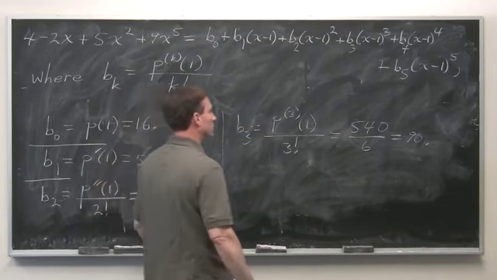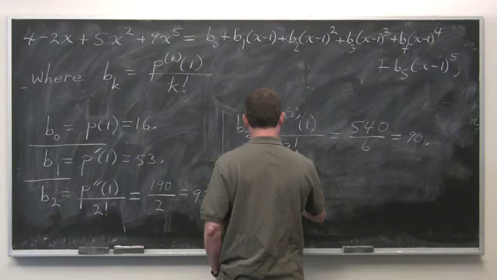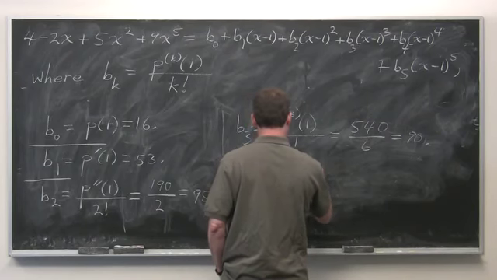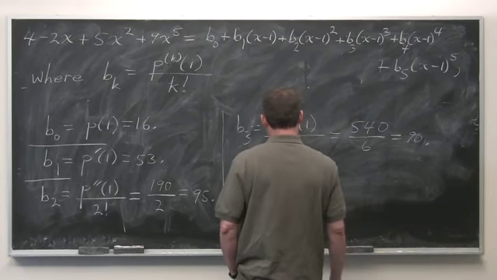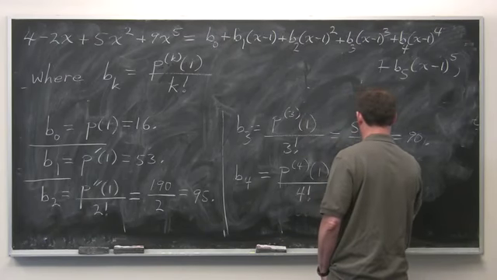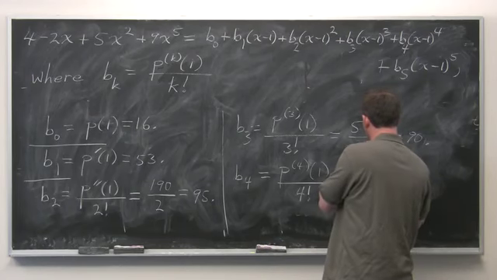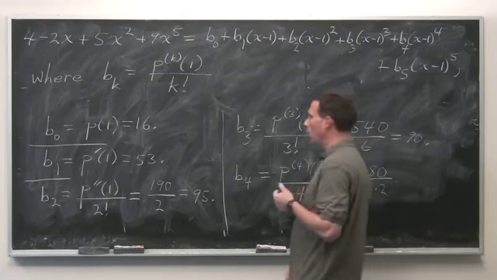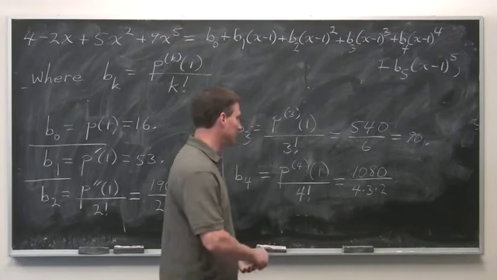All right, so b4 is the fourth derivative of p at 1 divided by 4 factorial. We found that this is 1080 over 4 times 3 times 2. I should say that while we were calculating the derivatives of p, we multiplied times 4 times 3 times 2.